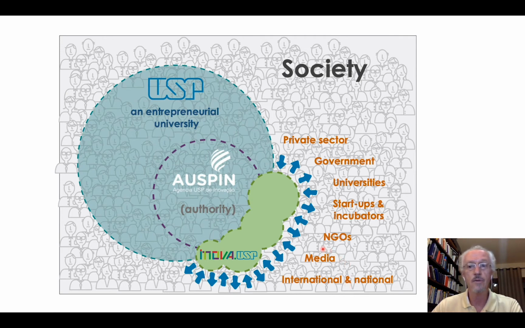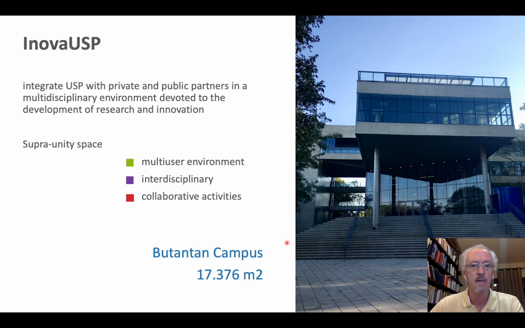We seek to create an internal and external reference, a beacon, a gate for incoming and outgoing actions of collaborative ideas and projects. The lead idea was to put a 5-story building with around 17,000 square meters to house the center and offer a fixed address for innovation at the university. So, as we like to say at USP now, innovation comes with a zip code.